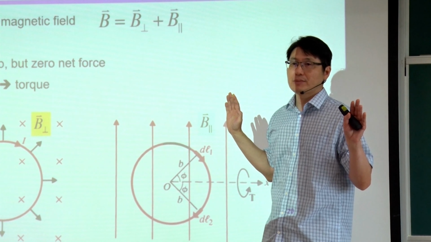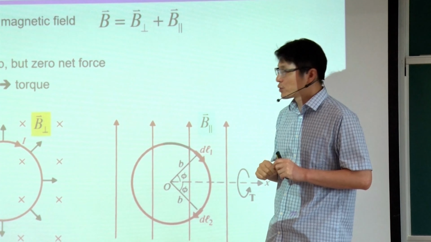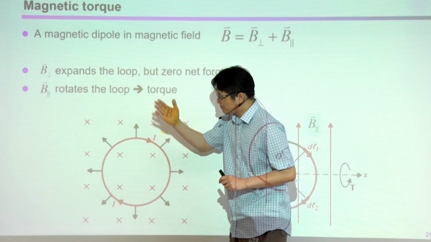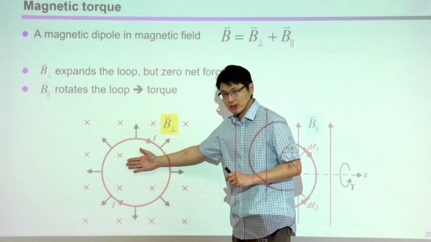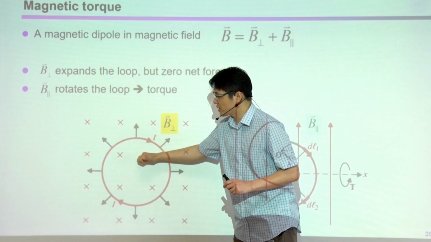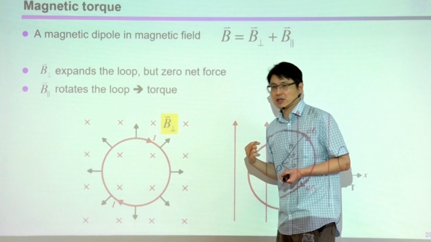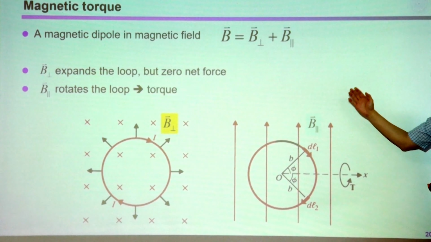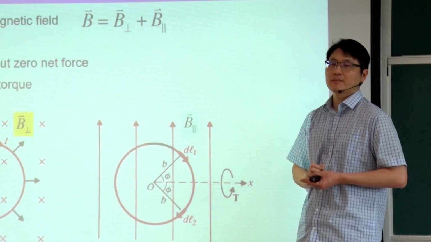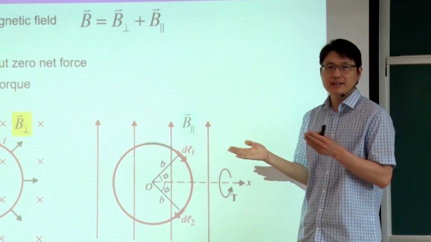That's fine. So right now, we have defined our loop. This is placed on the screen. So when it's on the screen, all the fields perpendicular to the area is called the perpendicular component. All the components that are on the paper is called the parallel component. So it's a relative definition.